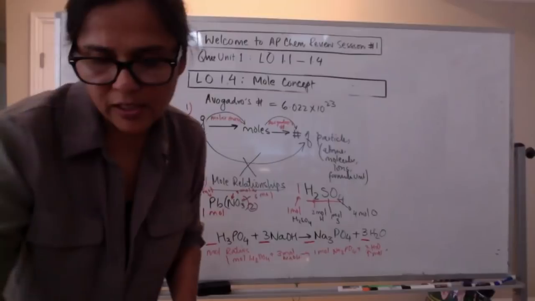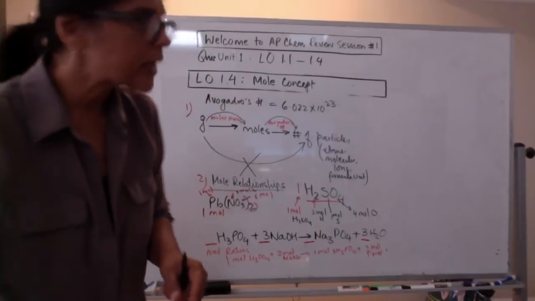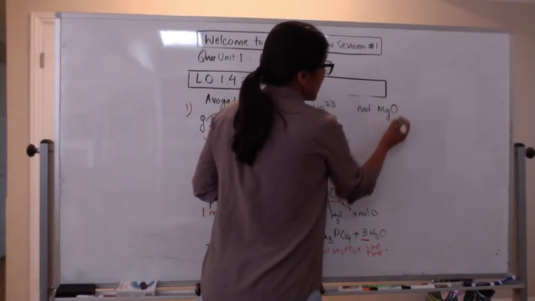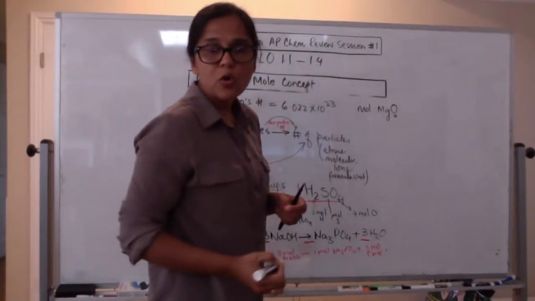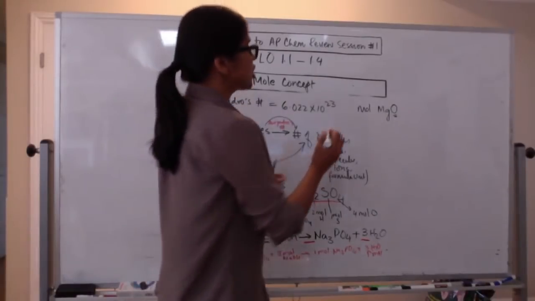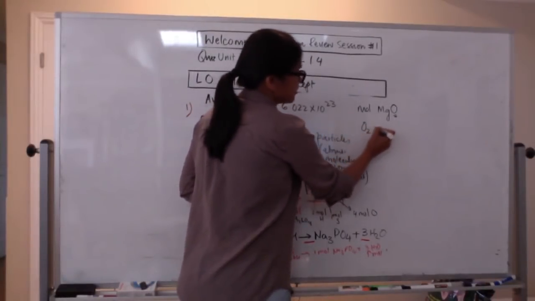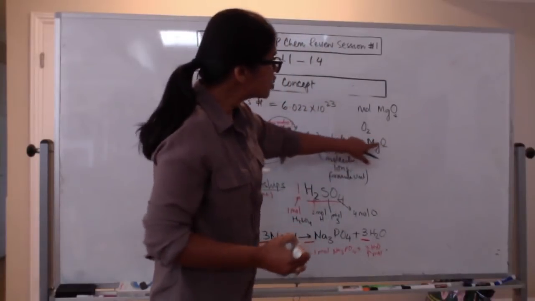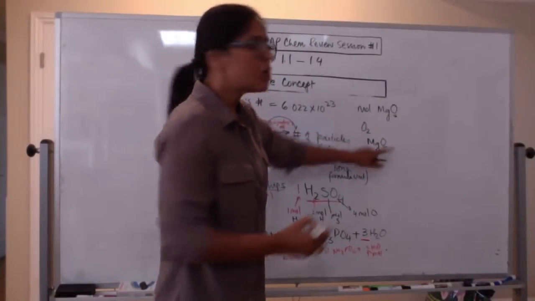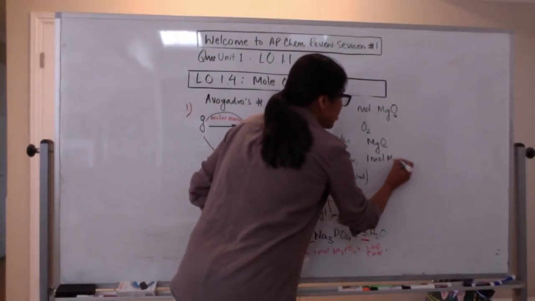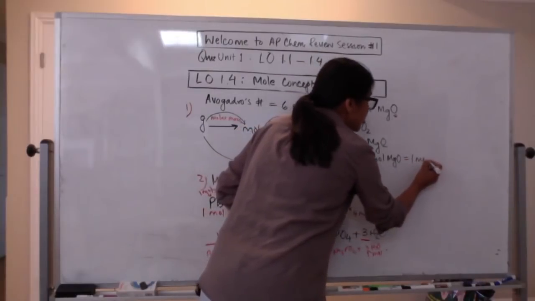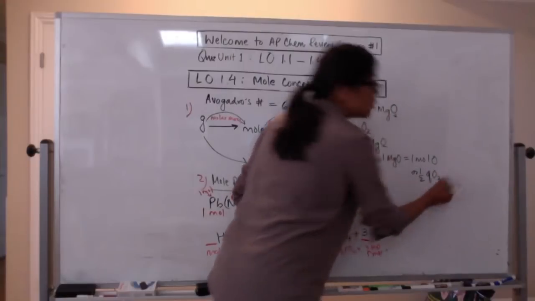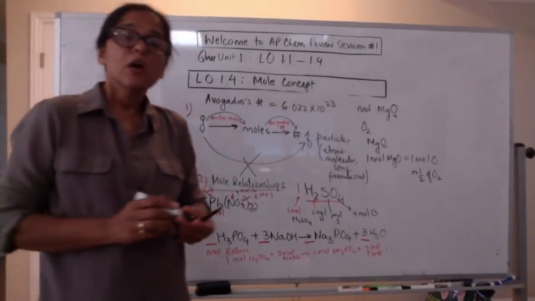That's a great question, Gianni. Gianni's question was, if you are calculating moles of MgO, how would you consider the moles of O? Remember, oxygen by itself is O2, but in a compound, it is just O. So 1 mole of MgO will have 1 mole of O, or half a mole of O2, if you must write it in terms of O2.